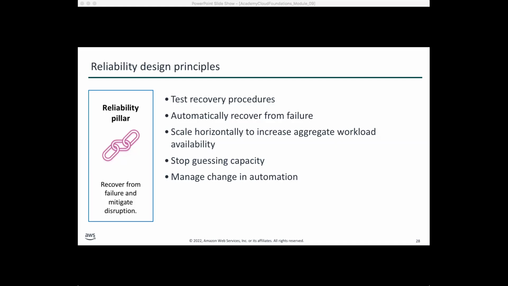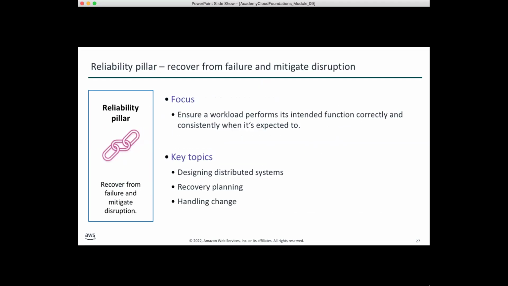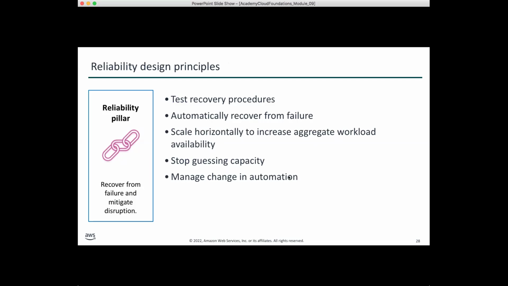So basically it's designing distributed systems. You divide the workload and give those smaller jobs to multiple components, so that if a component fails, it will not hamper the entire system. Obviously, for that failure, you'll have recovery procedures in place as well.